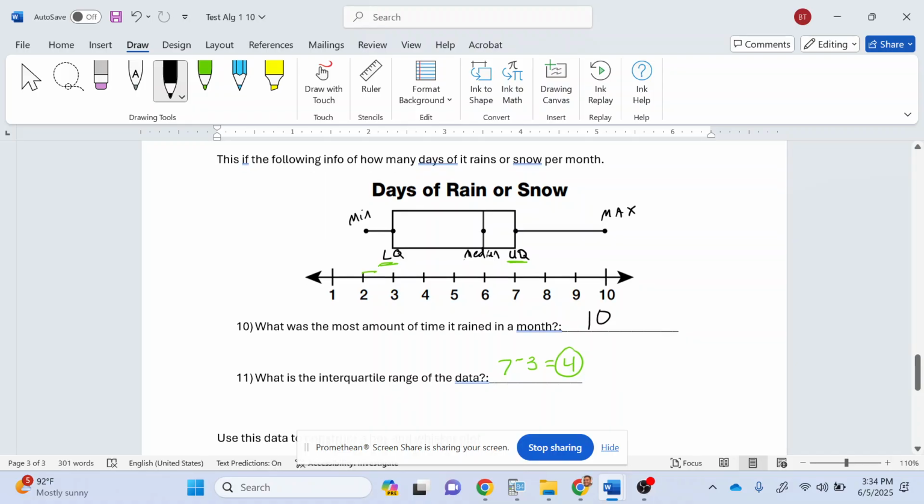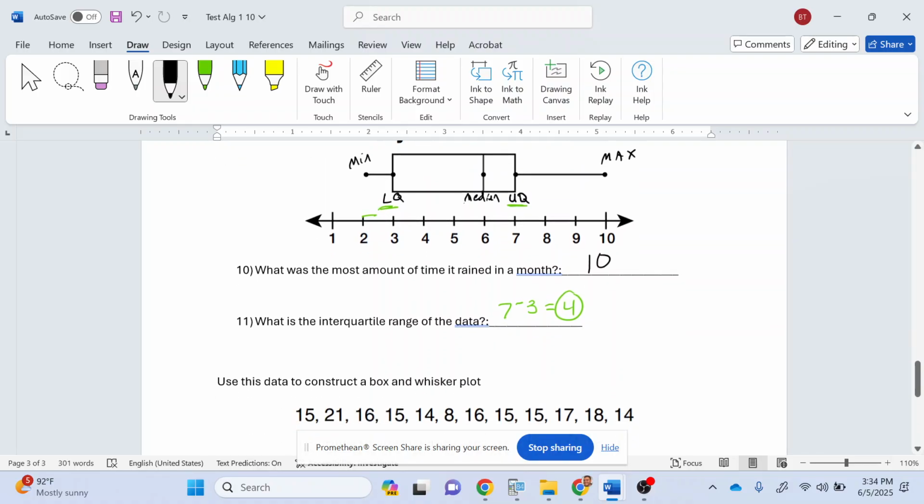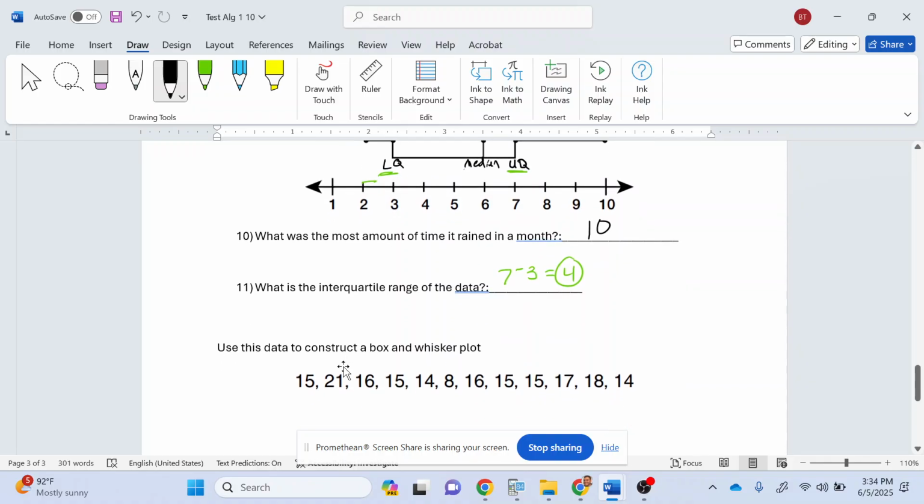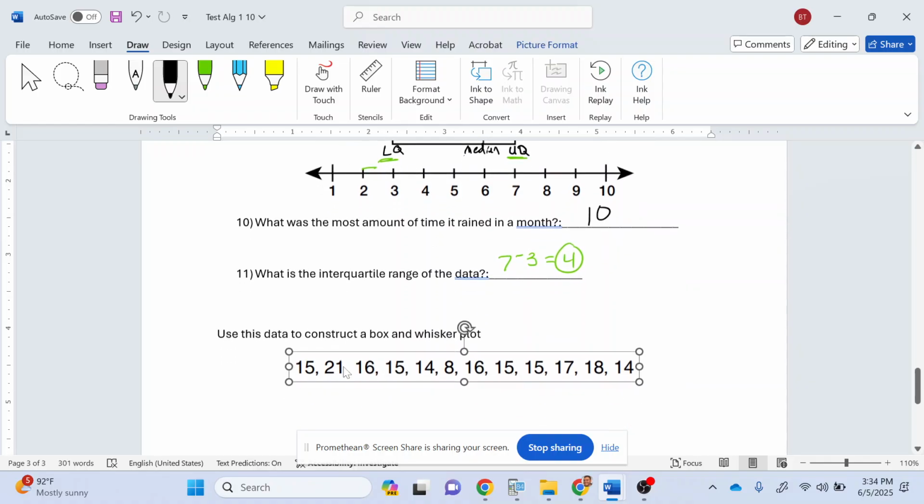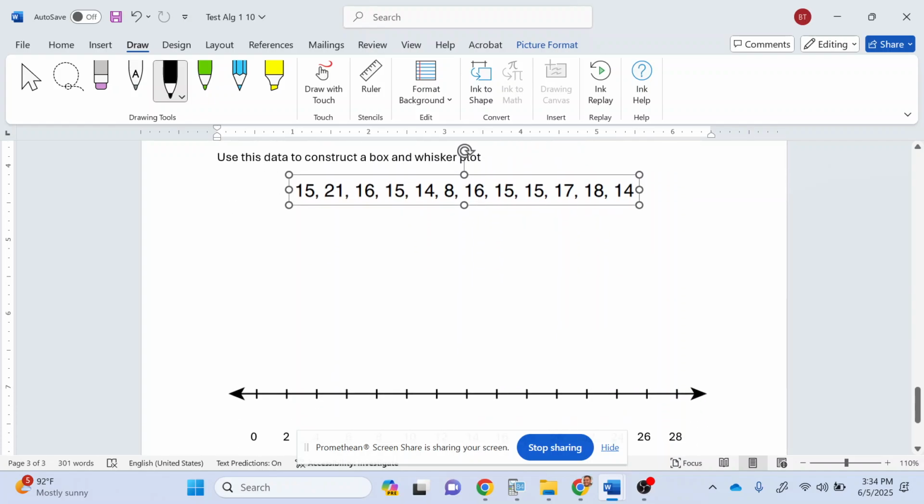Makes sense. All right. And then we're going to use said data or a different set of data to make a box and whisker plot. So first thing you got to do is put it in order. 8, 14. There's another 14. We got to get both.